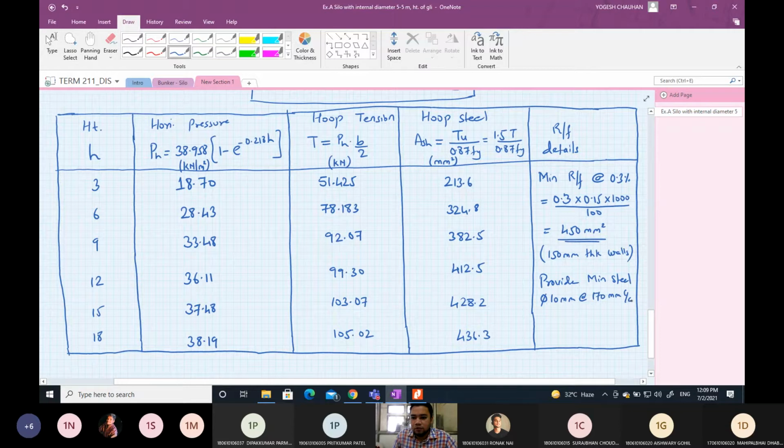So that will give you ASH provided equal to 462 mm square. Okay, so this is provided against this value.